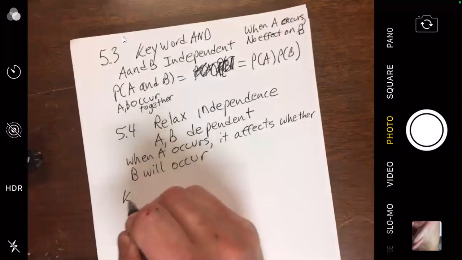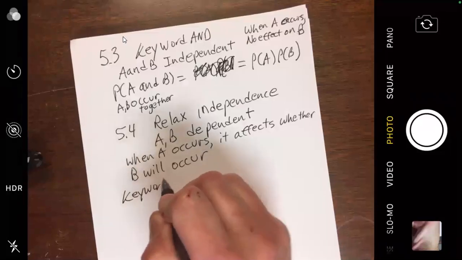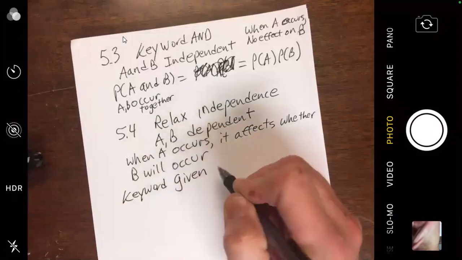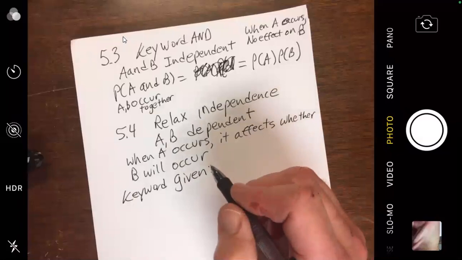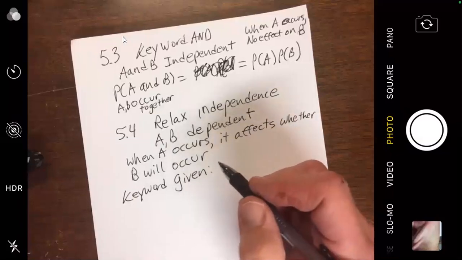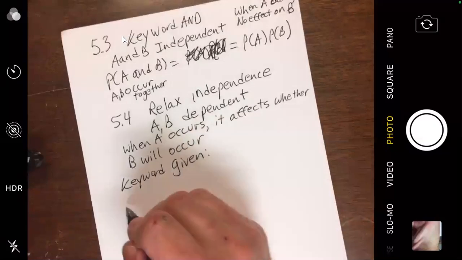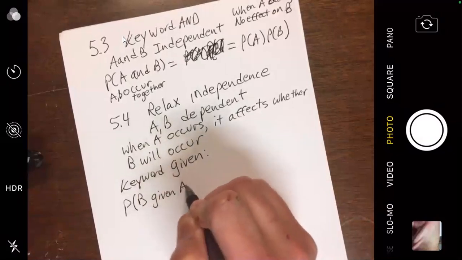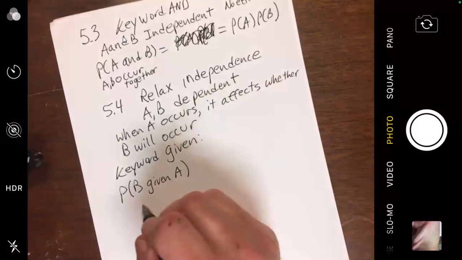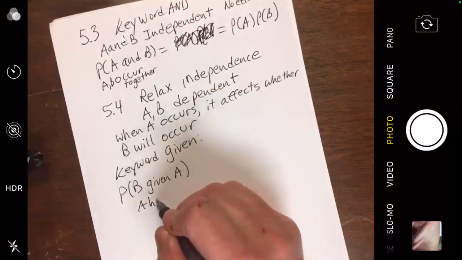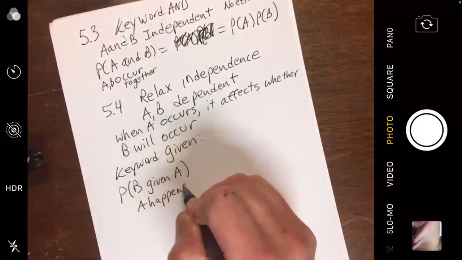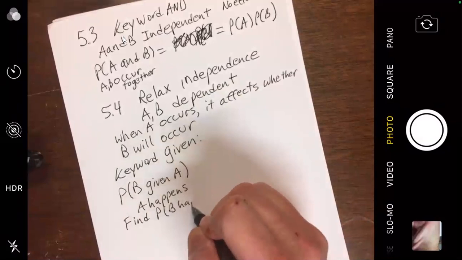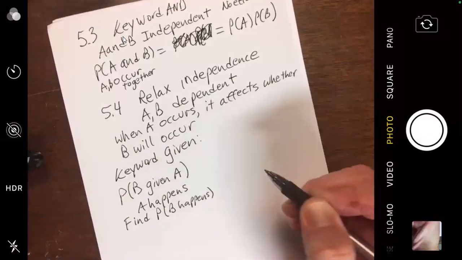Now this leads to the keyword "given." We start with the probability, and usually they use B given A. So this means A happens, find the probability B happens or occurs.